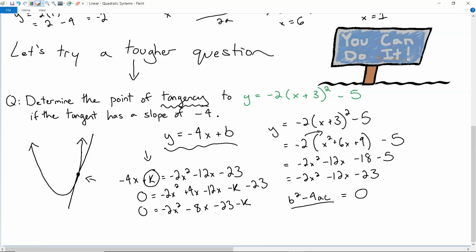What I can do here is when I set my A, B, and C value, I can set this entire chunk here as my C value. And then plug what I have into my discriminant. So negative 8 squared minus 4, negative 2, negative 23 minus k equals 0.